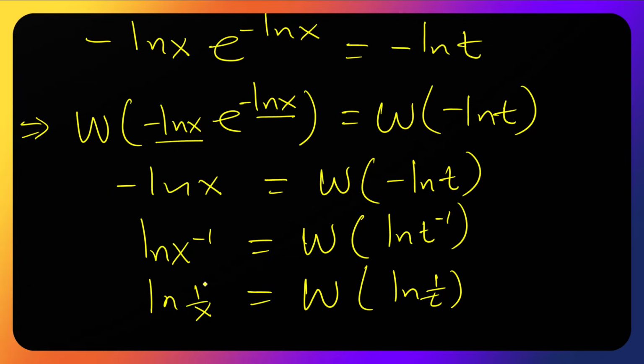So from here, we can remove the ln here. Remember, e exponent ln of something is that something. So to remove this one, I have to raise both sides with e. So I'll raise this side to ln of 1 on x, and e raised to the W function of this.